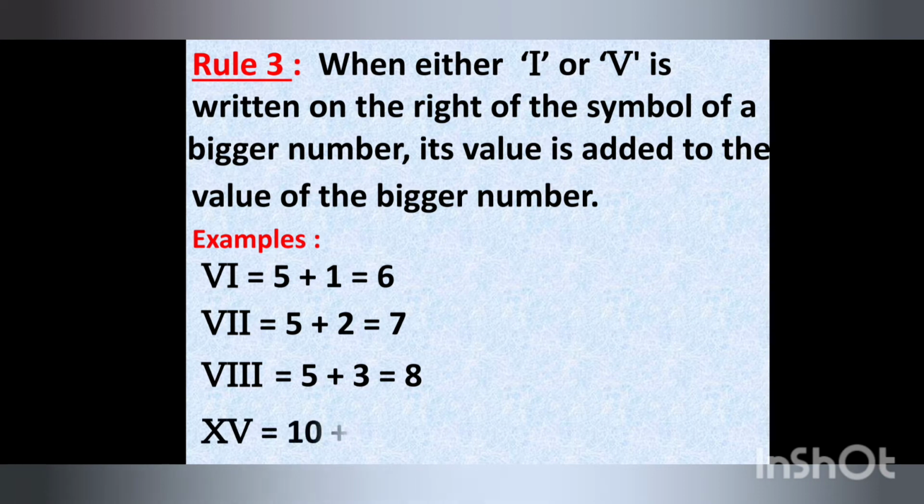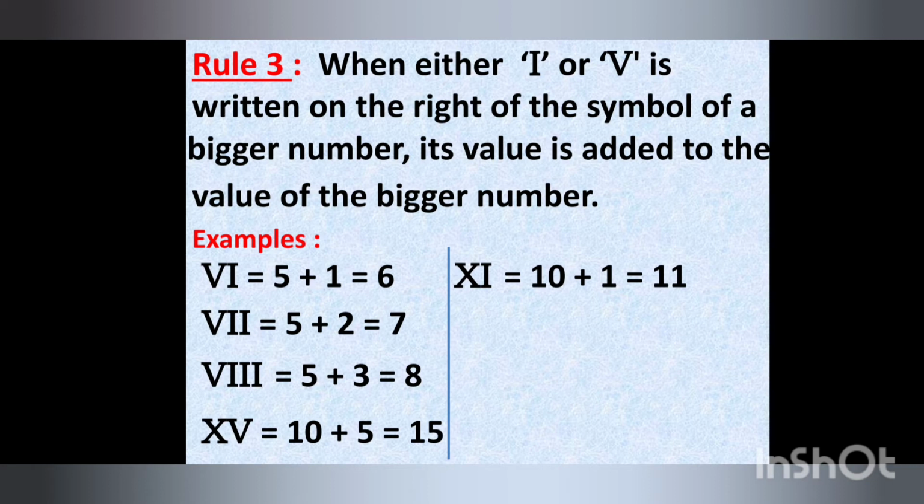XV, where V is 5 and X is 10, and V is written on the right side of X, so 5 will be added to 10 and we will get 15. XI, where I is 1 and X is 10, and I is written on the right side of X, so 1 will be added to 10 to get the value 11.